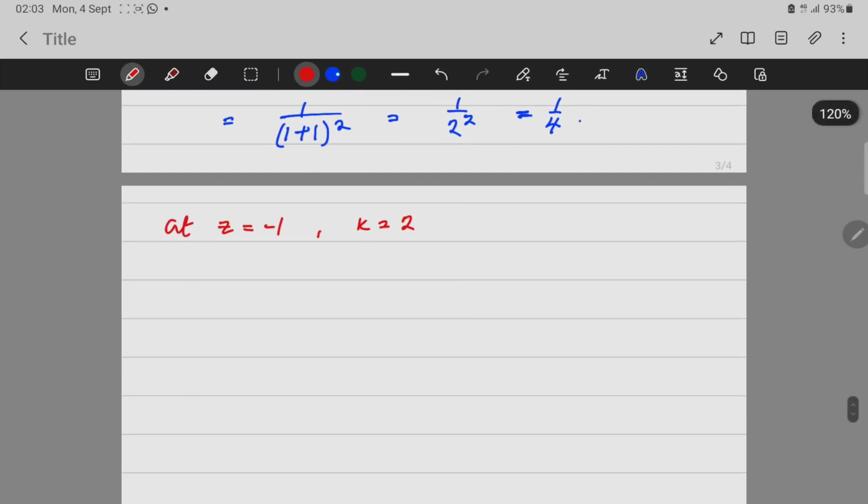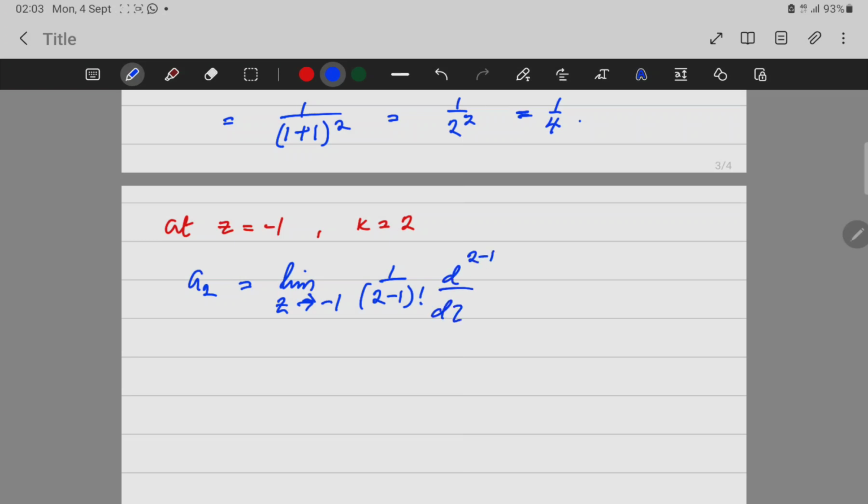So the residue a2 will be the limit as z goes to minus 1 into 1 over (2 minus 1) factorial, d^(2-1) over dz, by the definition of the residue.